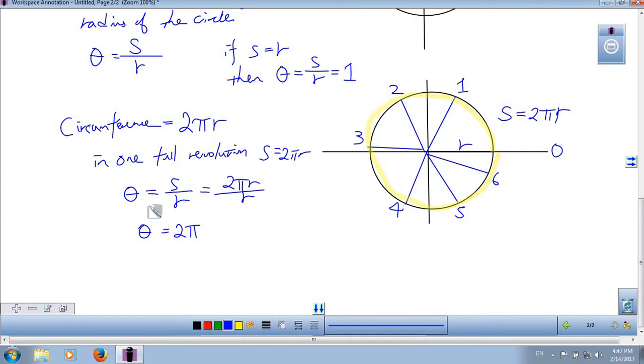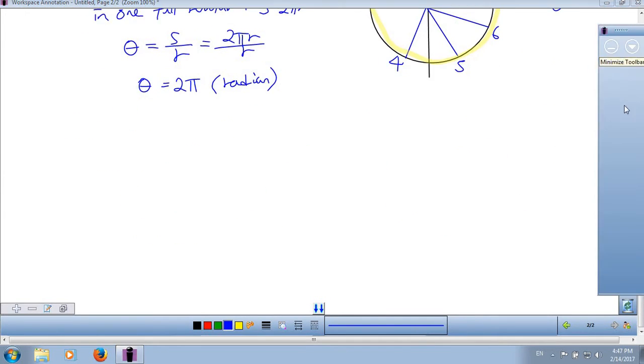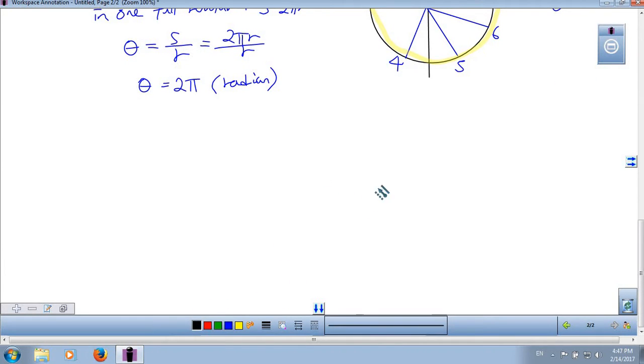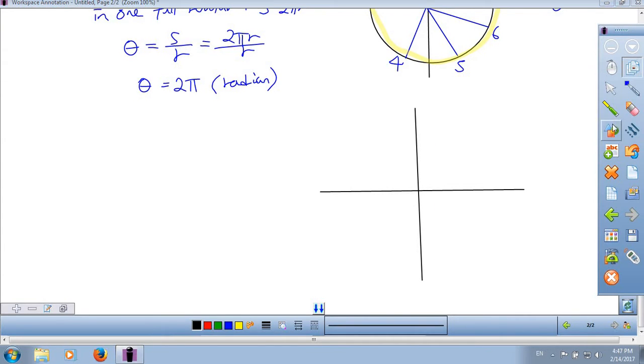So in one full revolution, you have theta equal to 2 pi radian. That's where we get the 2 pi from. This will allow us to convert easily between degree and radian, and also understand the radian measure in terms of how many revolutions we have.